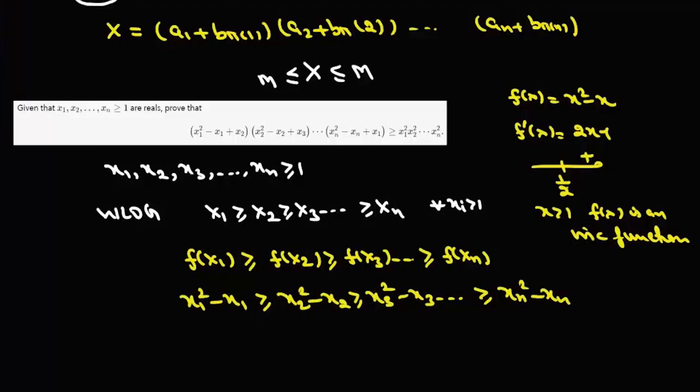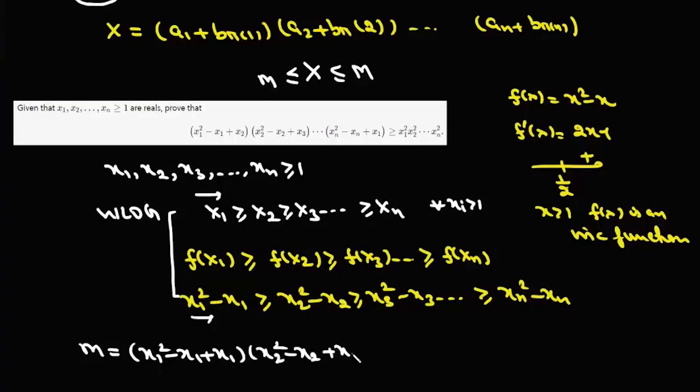Now if we take product of sum in same order, so both of them are in same order, we know that this product will be minimum. So this m will be (x1 square minus x1 plus x1) into (x2 square minus x2 plus x2) up to (xn square minus xn plus xn).